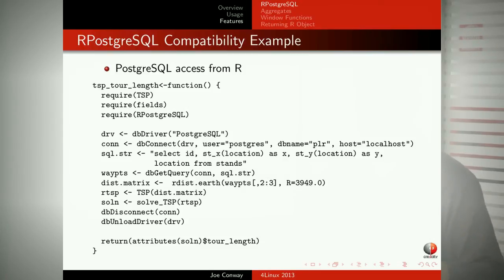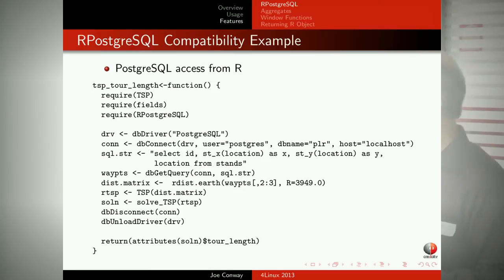When PLR pulls in the R environment, it adds extensions to R. So PLR is an extension to Postgres, but it also adds some extensions to R automatically for you. And one of them is a compatibility layer with R PostgreSQL.